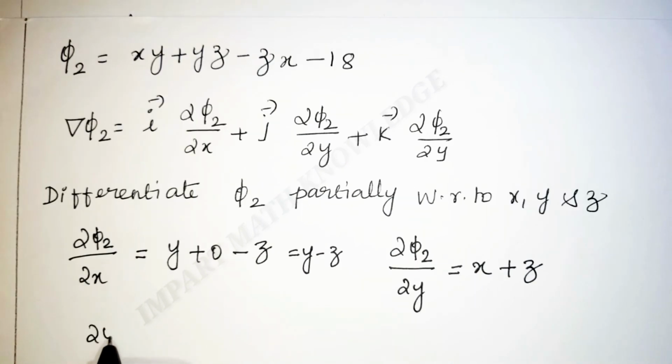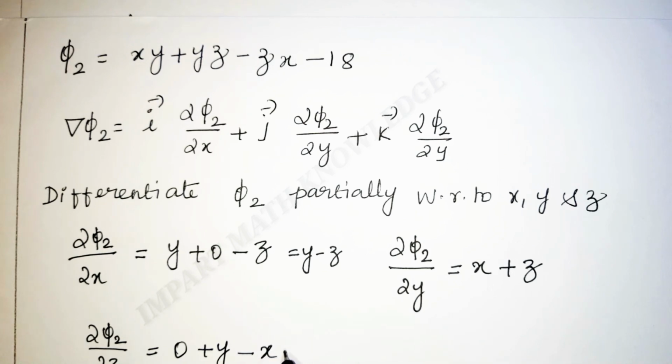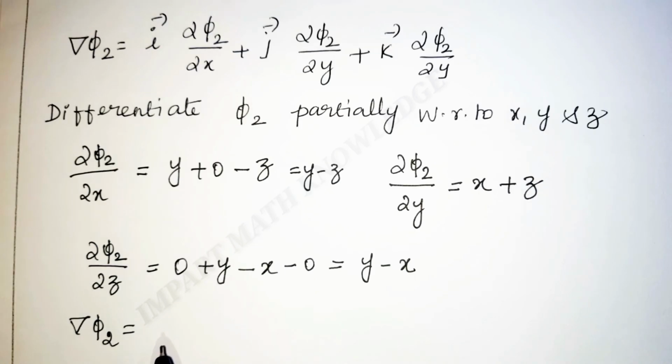Dou pi 2 by dou z. First term no z, 0. In the second term z is there, the differentiation of z is 1, so 1 into y is y. In the third term z is there, the differentiation of z is 1, so minus x. And the last term 0. So dou pi 2 by dou z is y minus x.